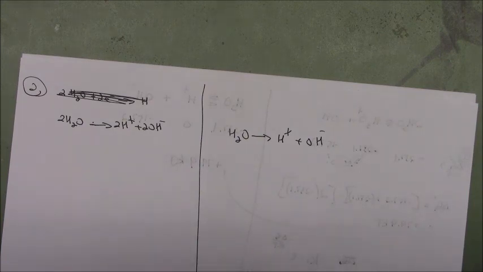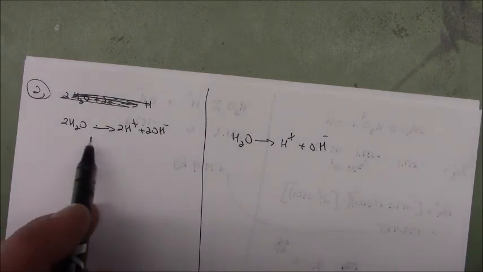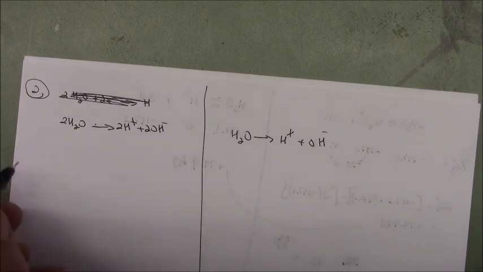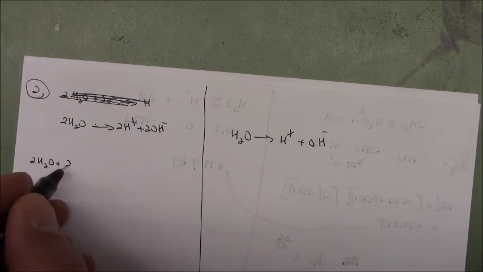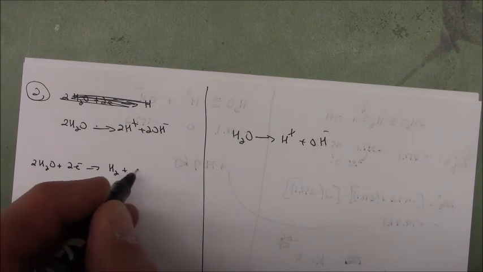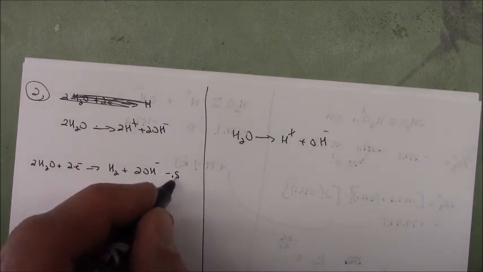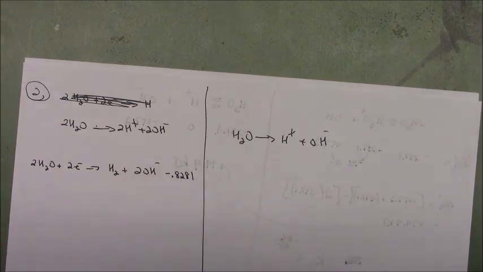Okay, so when you're using this side, you would have 2H2O plus 2 electrons going to H2 plus 2OH, and that's negative 0.8281 volts.